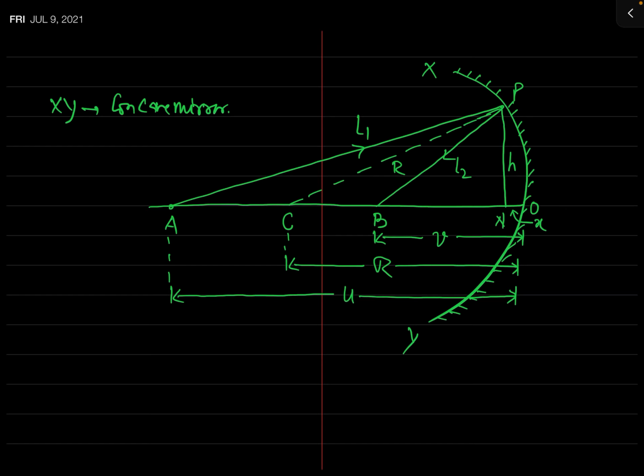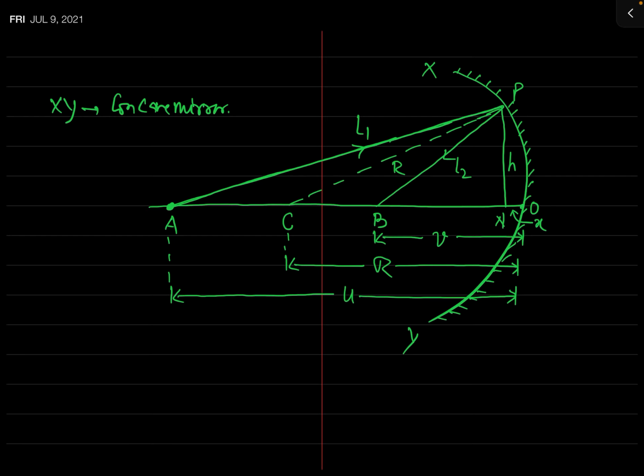But in this figure I have shown a concave mirror, and you can see that at this point A there is a source of light, that is an object, and from this object let us consider a paraxial light ray AP. You can see in this figure this AP is a light ray incident on the mirror at point P from this source A, and O is the pole of this mirror.